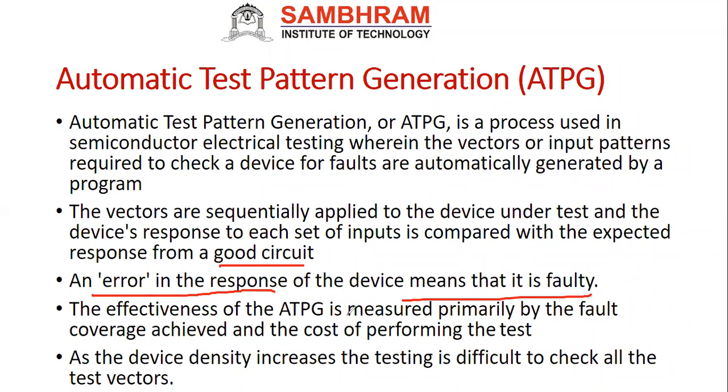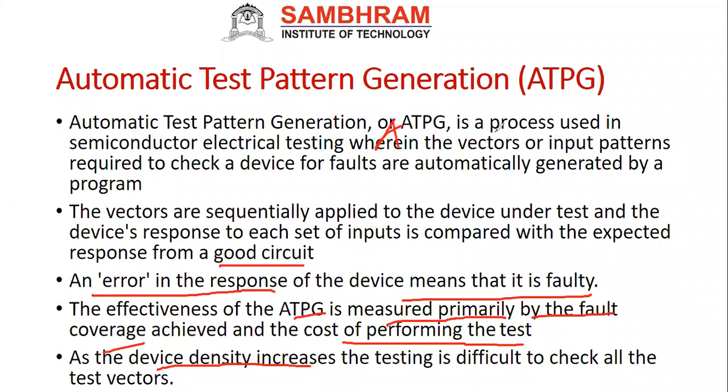The effectiveness of the ATPG is measured primarily by the fault coverage achieved and the cost of performing the test. Now, as the device density increases, testing becomes difficult. It is very simple for a very small number of gates, but if the number of gates increases, it is very difficult to apply all tests.